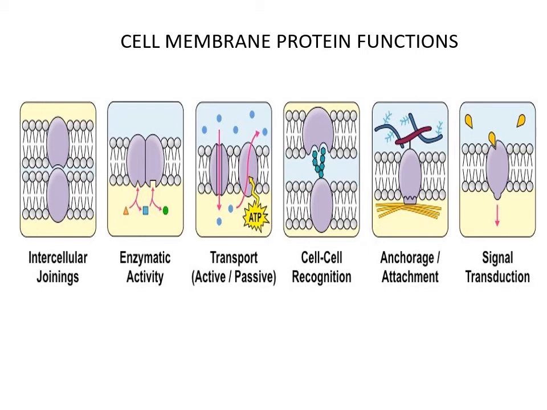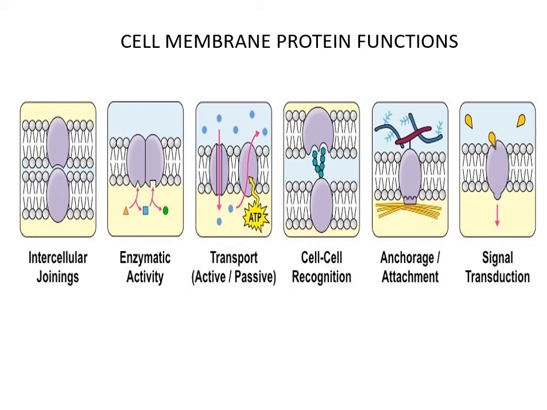You can also have proteins in the cell membrane that have an enzyme role, meaning a molecule can attach to a protein that's functioning as an enzyme, and the molecule will be converted or broken down to different molecules. Active transportation. So transmembrane proteins can allow molecules just to go right across, and that would be passive transport.